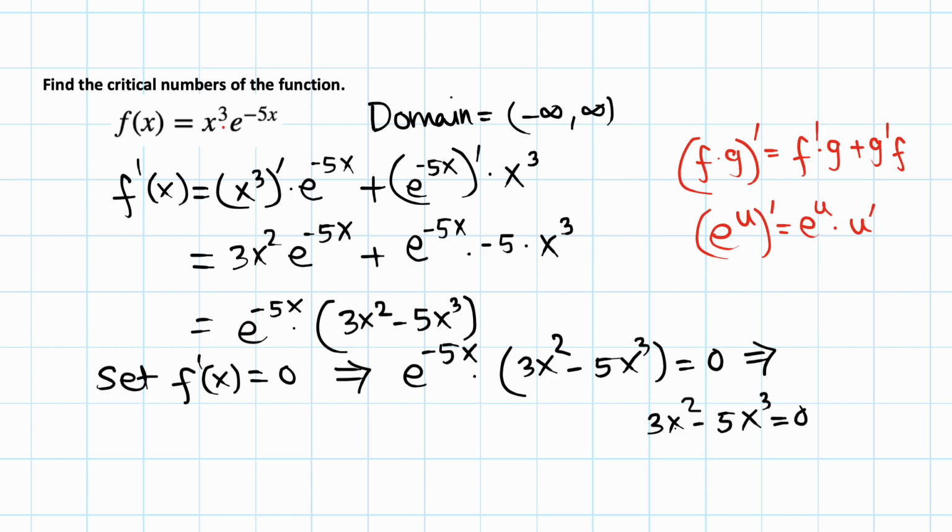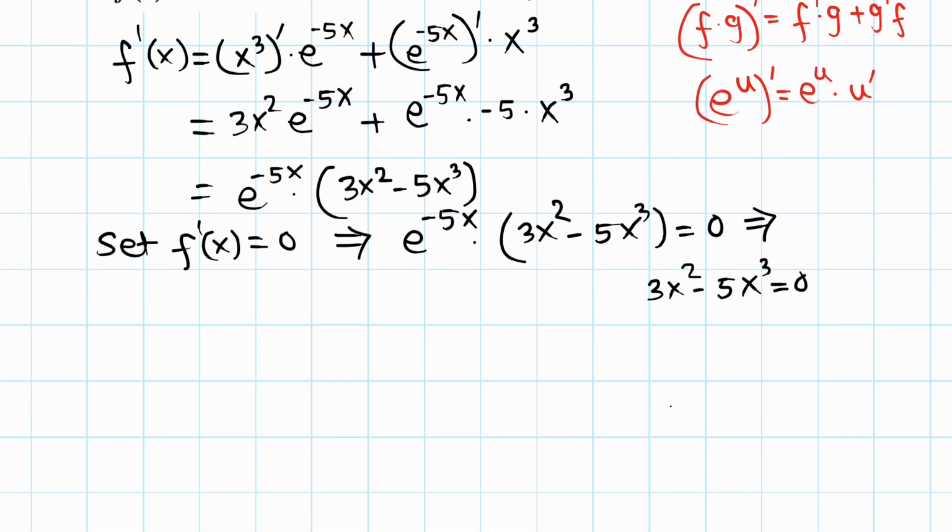Okay. Now let's solve for x. We have two terms, so let's factor x squared out. x squared times 3 minus 5x equals 0. It's a product, so either x squared equals 0, which means x is 0.